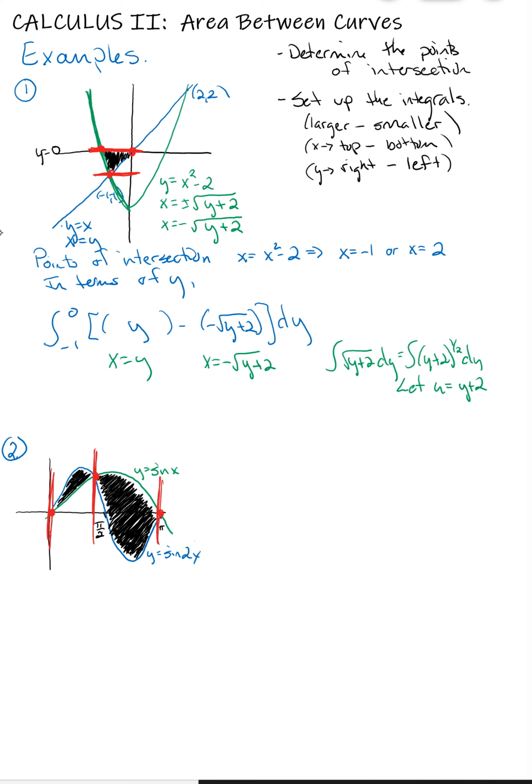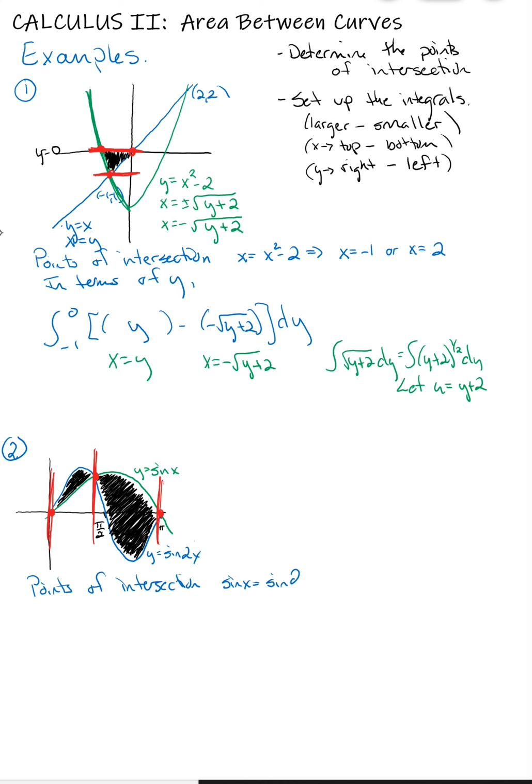You could probably already see a couple of our x values, but if not, to find our points of intersection, we will simply set those 2 equations equal to one another. So sine of 2x is equal to sine of x.